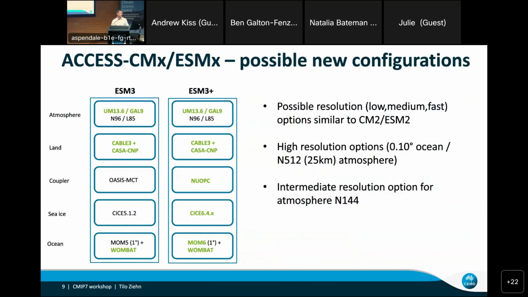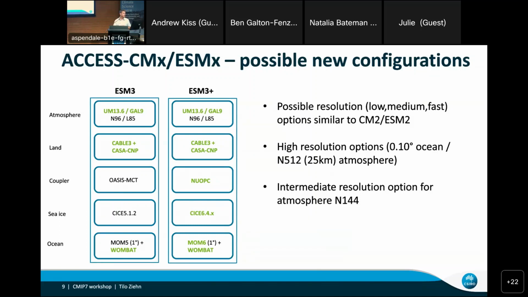So where could we go in the future in terms of new components? On the left-hand column, I call this an ESM3, but we can agree or disagree on how we go forward with the naming convention. That would use a newer atmospheric component, so the UM13.6 and an atmosphere land configuration 9.